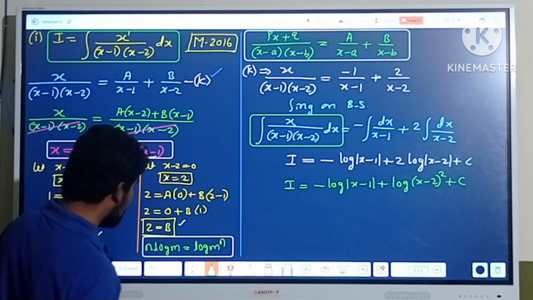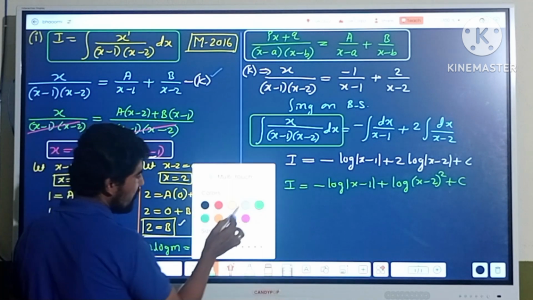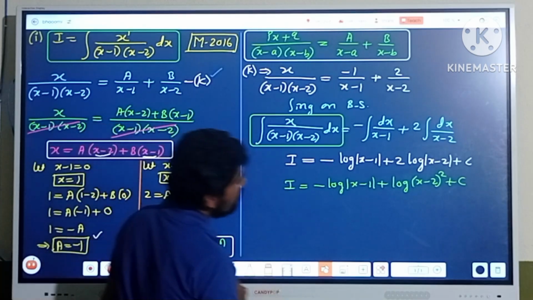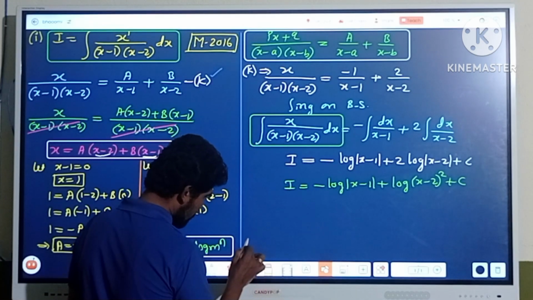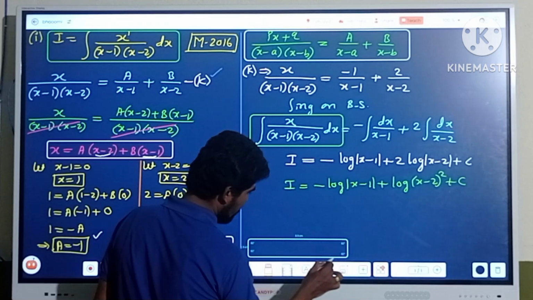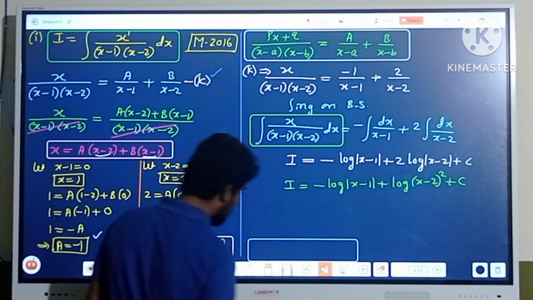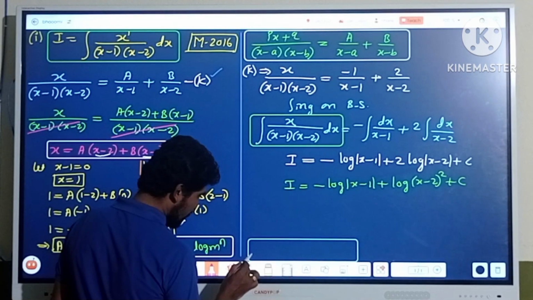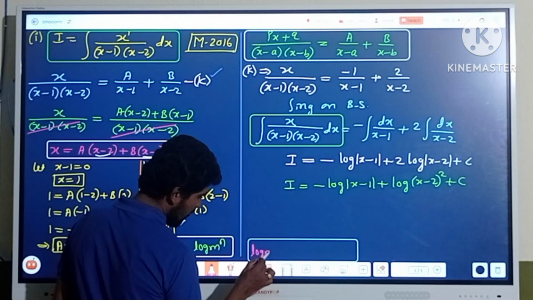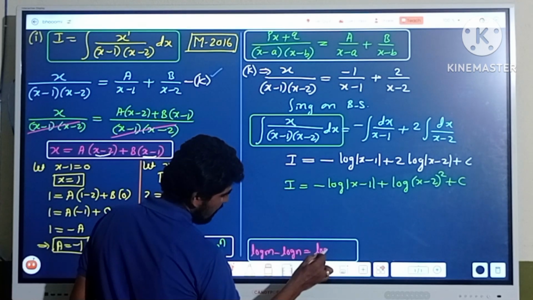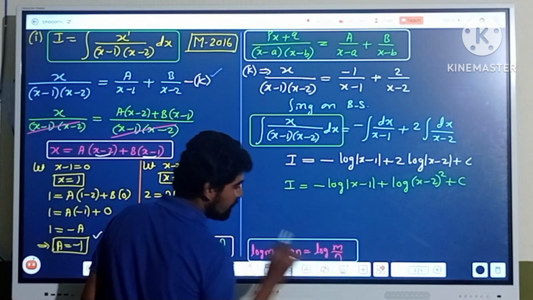Again by using the next property of log, we know one more property of log, that is, if we have log m minus log n, it can be expressed as log m by n.